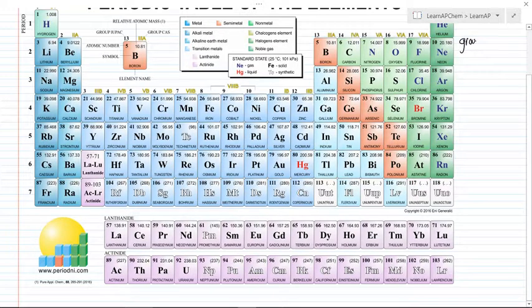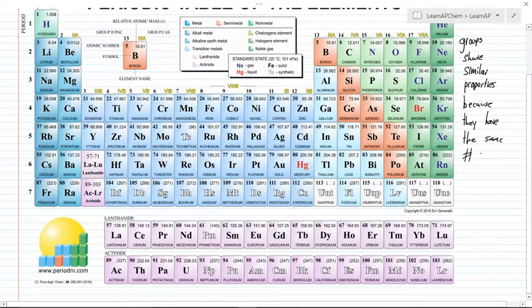Groups share similar properties because they have the same number of valence electrons.